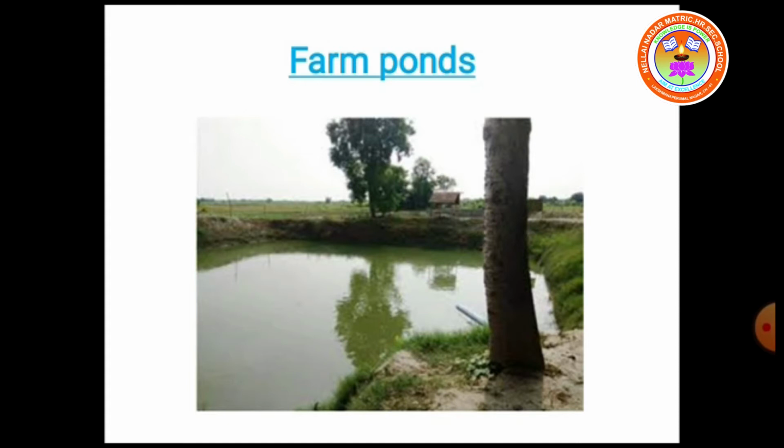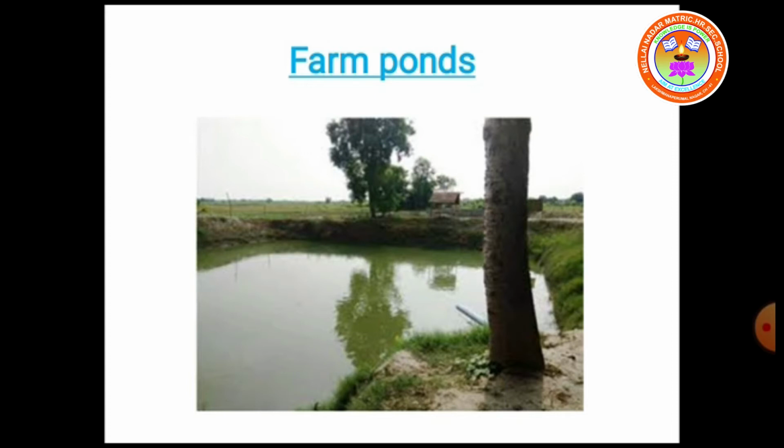We know that water is very precious. Whenever the rainfall takes place, the water reaches the ground during the precipitation. So each and every drop of water is to be conserved, and that is why ponds, pools and lakes are constructed.